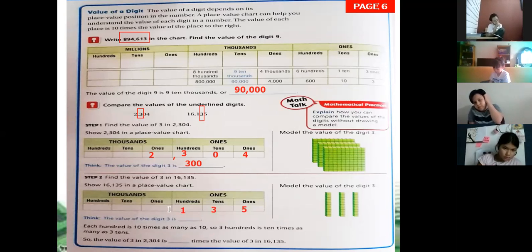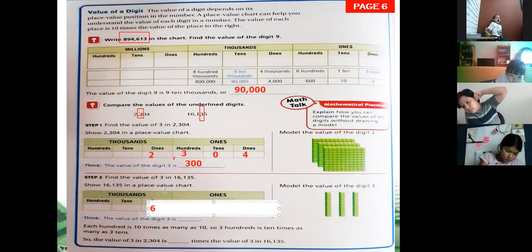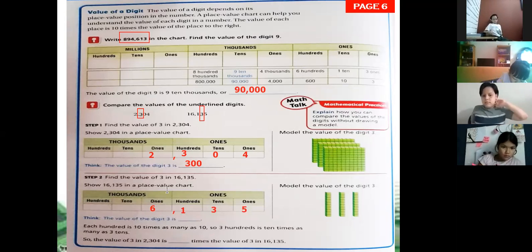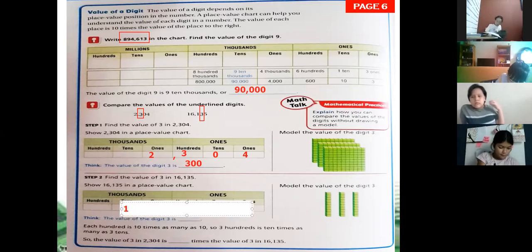Let's write the comma so we don't forget to write the comma. Now, how many thousands? 6. 6 thousands, that's right. And how many ten thousands? 1. We have 1. Excellent.